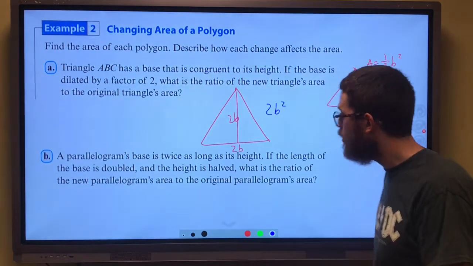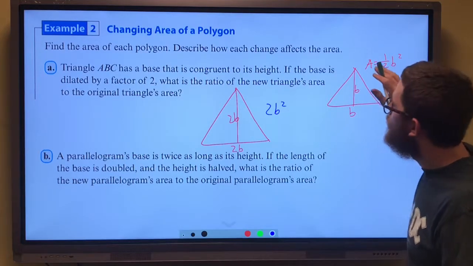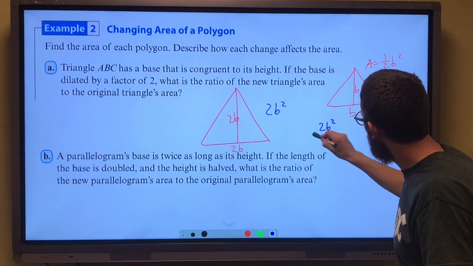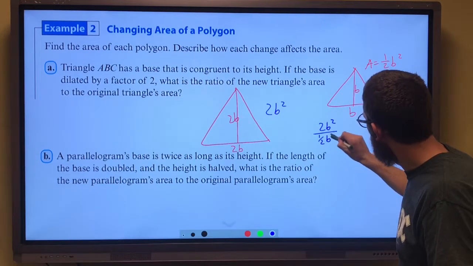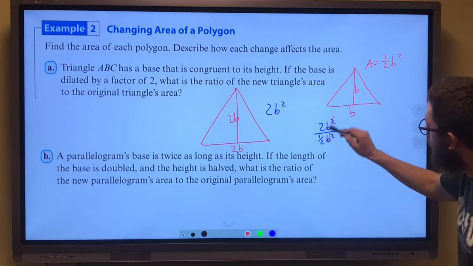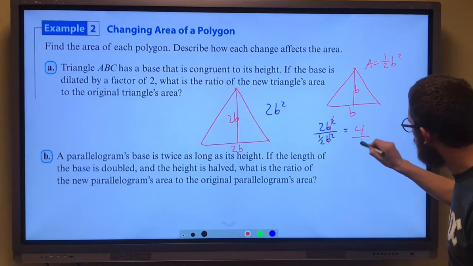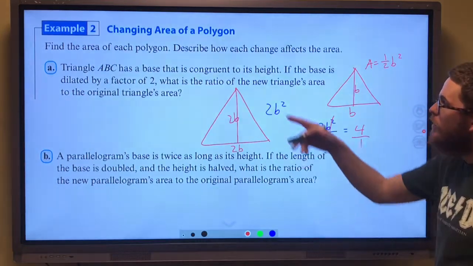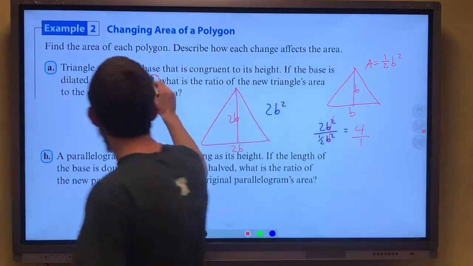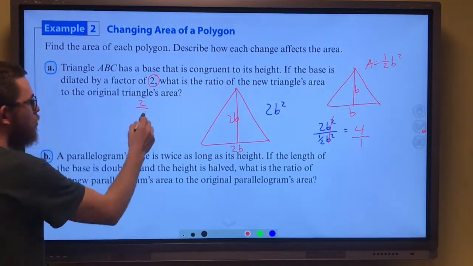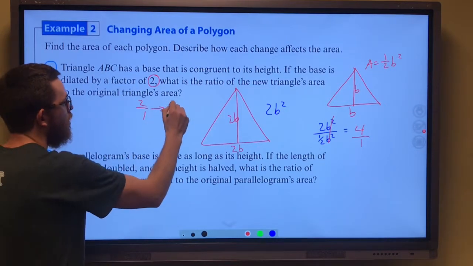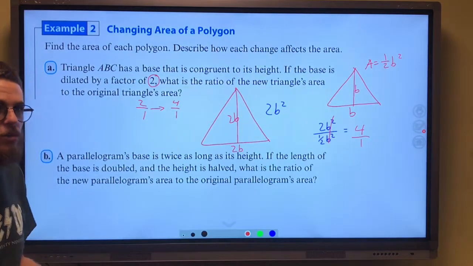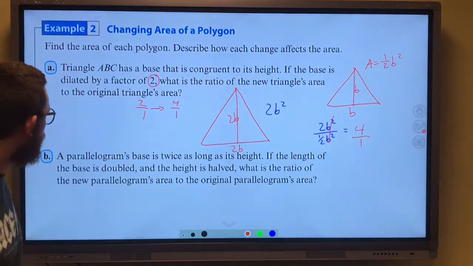All right, so when we find the ratio of the new triangle's area to the original triangle's area, that's 2b squared over 1/2 b squared. B squareds cancel out. 2 divided by 1/2 gives us 4, or 4:1. Notice it increased by a scale factor of 2. That's 2:1, and if we square the 2 and we square the 1, we get 4:1. So that makes sense. We're seeing how these are playing out just like we expected.